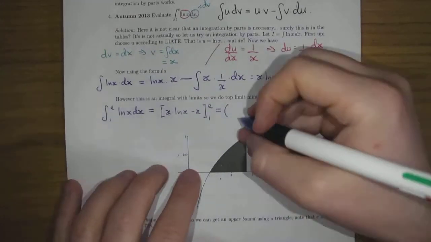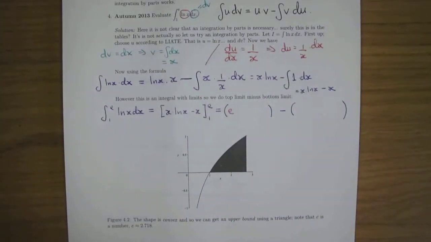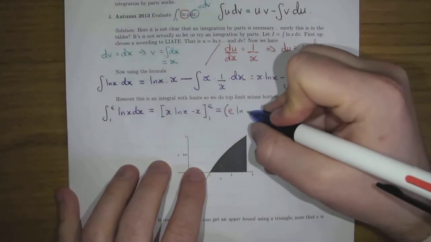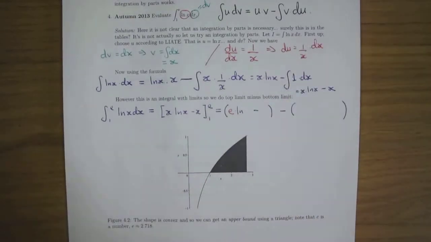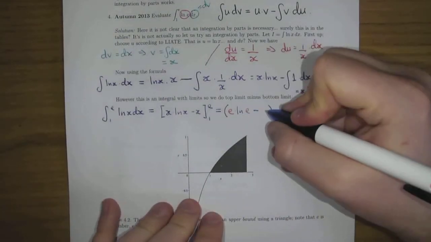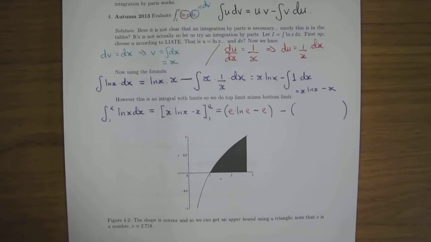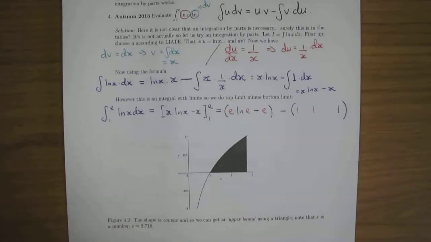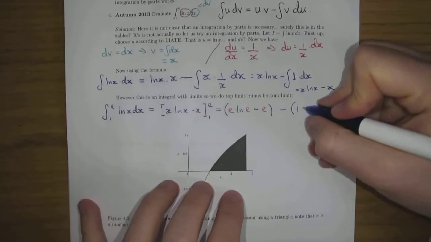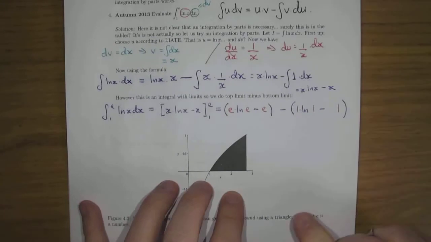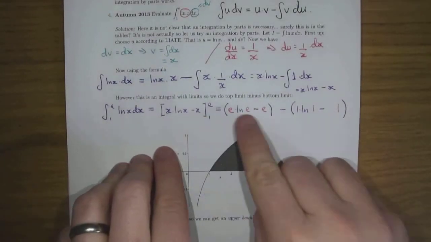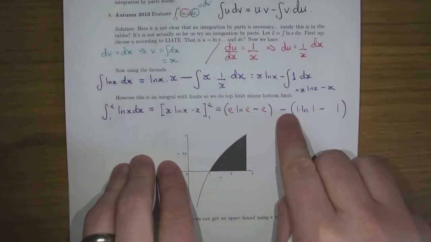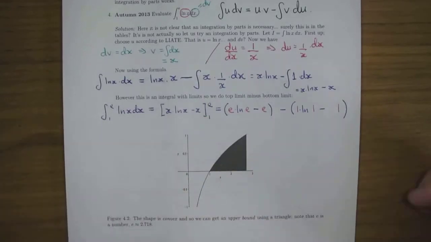So you end up with e log e minus e, that's the top limit, minus 1 log 1 minus 1, the bottom limit.